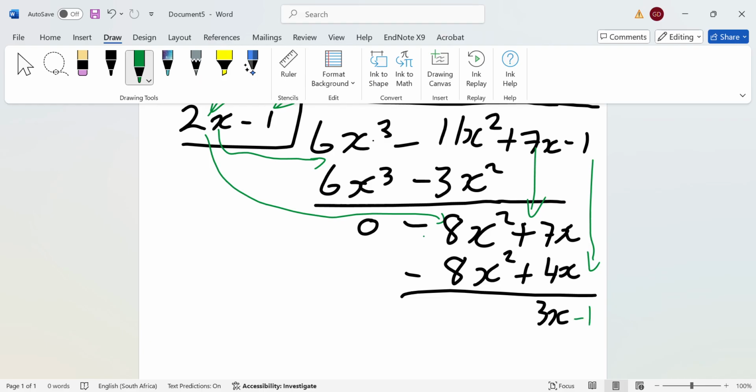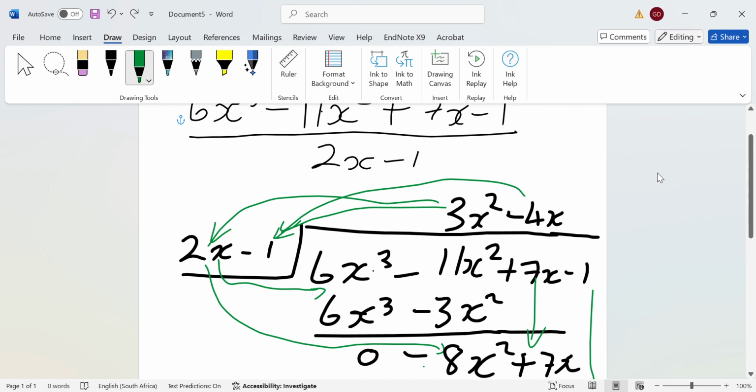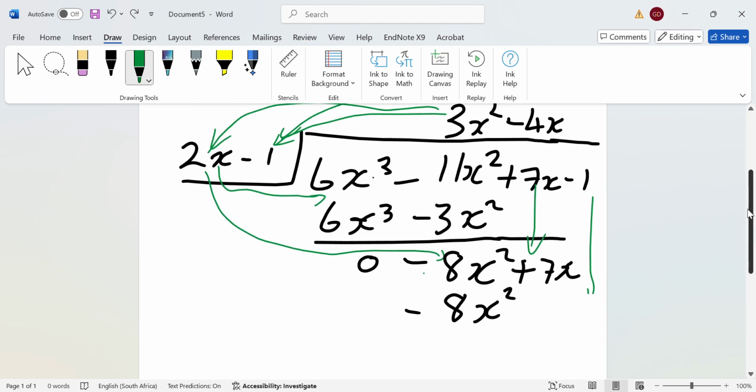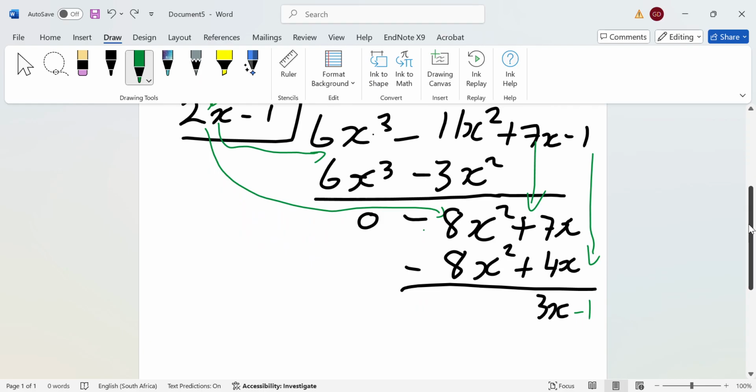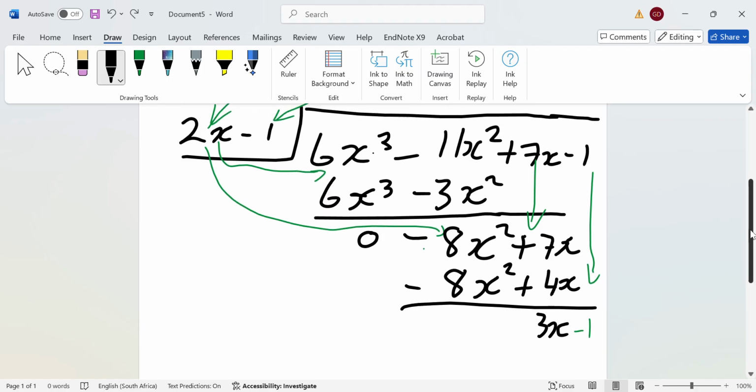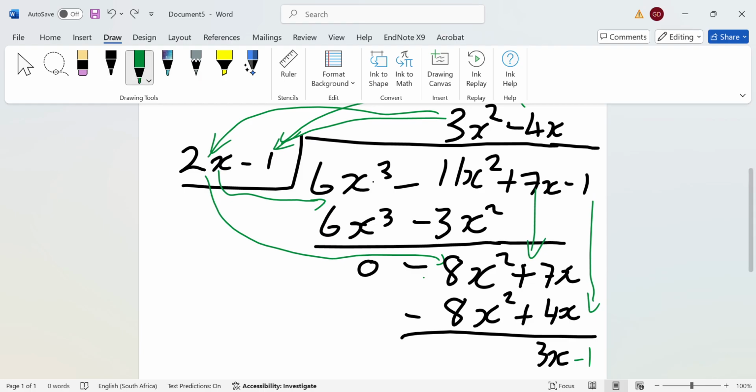So that's how it's going to look like. You bring down that negative 1. So now you can use that dark marker. There again you're going to have 2x going into 3x. It goes how many times? It's 3 over 2. You can say 1.5, that's still fine, plus 1.5.